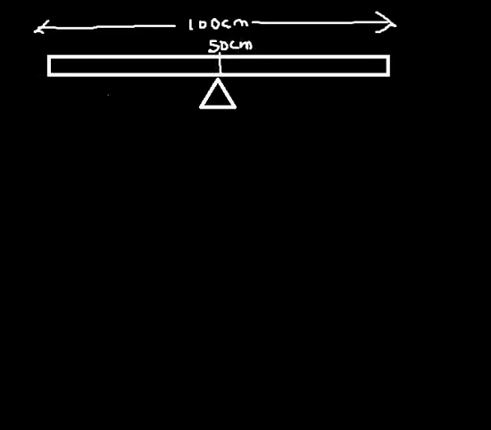Okay, so the question continues. If a weight of 20 Newton is placed 10 cm from one end, I will just measure 10 cm from one end. Any end will do. Then I place a weight of 20 Newton.